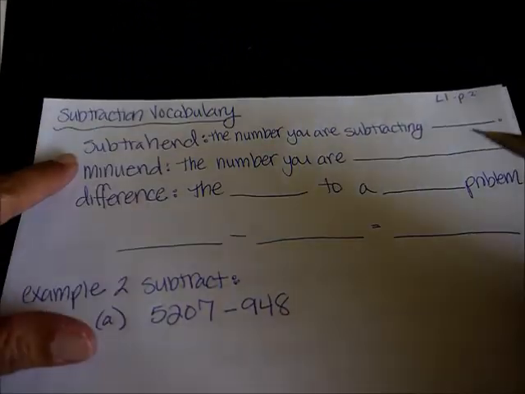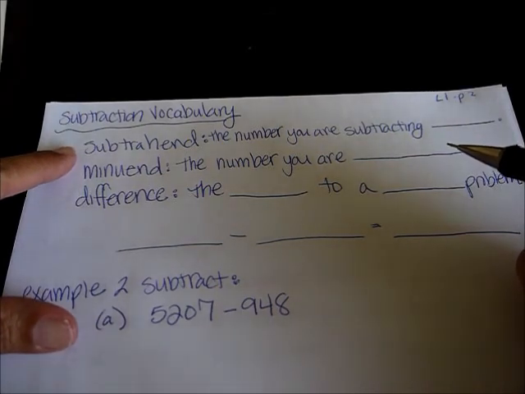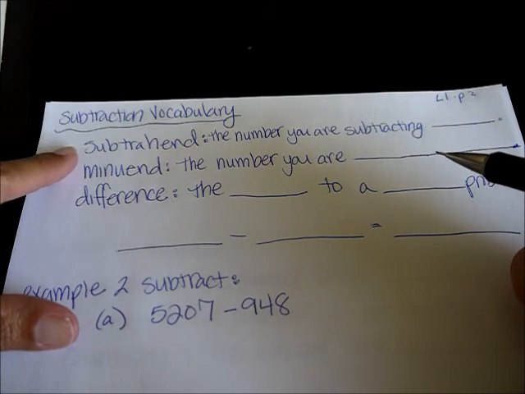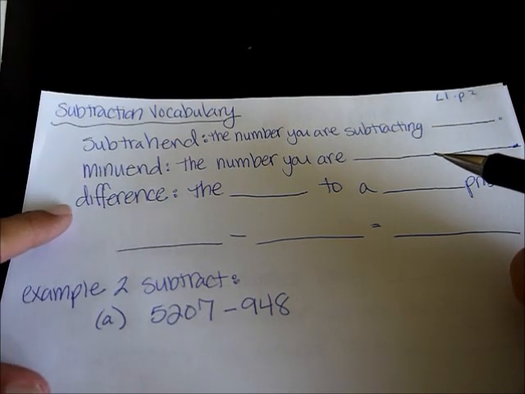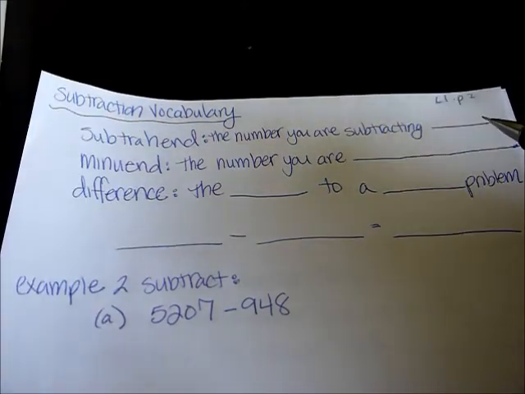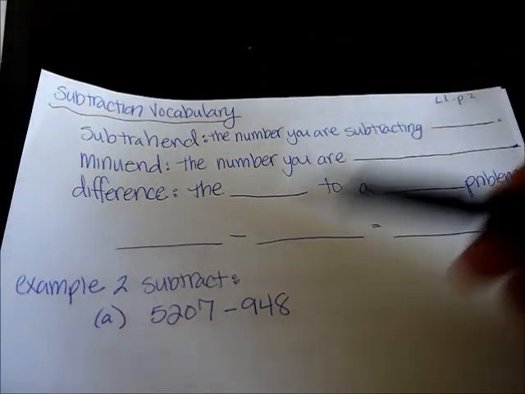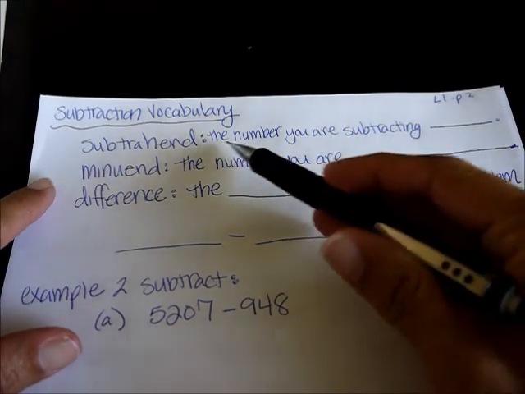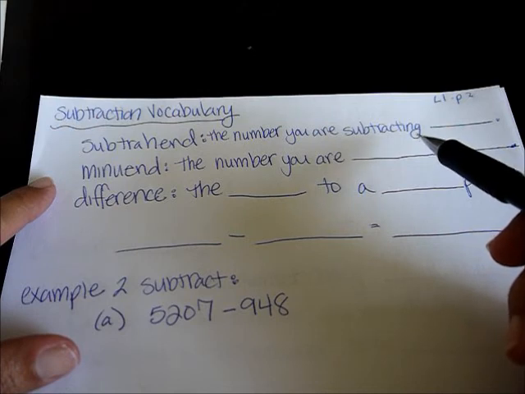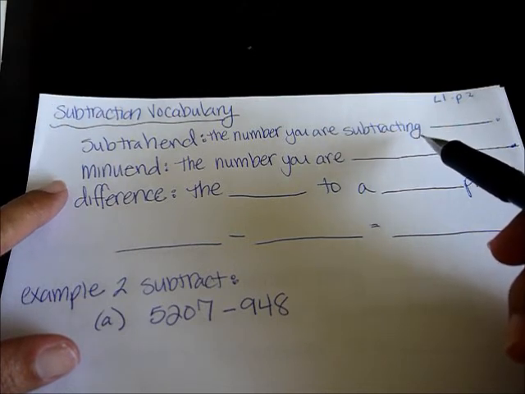All right, subtraction has a subtrahend, and honestly, I never use that term, but I do need to remember it. A minuend and a difference. Okay, so think about subtraction. You have one number minus another number equals the answer. We need to know which one is which. The subtrahend is the number you are subtracting with.